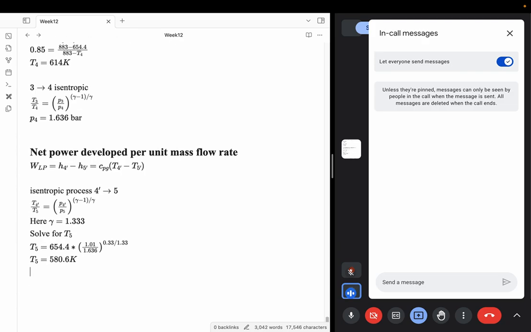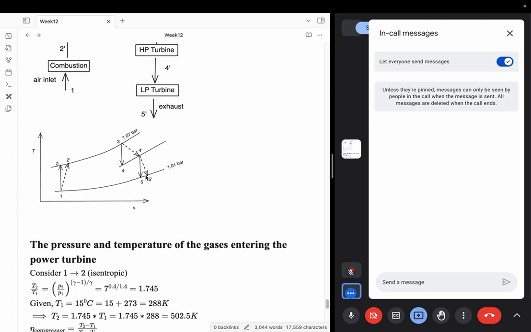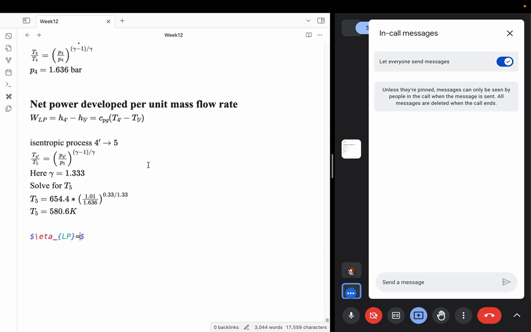The next thing is to calculate T5 prime. So there again we use the efficiency of the turbine process. So the efficiency of your low pressure turbine is, since it is a turbine, the actual by ideal. So T5 prime minus T4 prime, this is the actual process, divided by the ideal process.